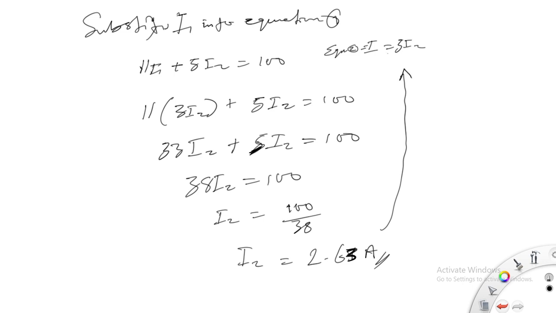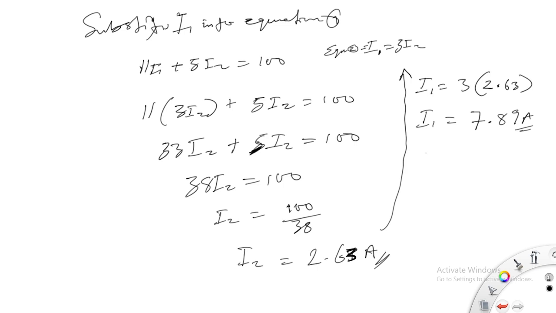Having obtained our I2, we'll now plug it back into equation 2. We've got I2, we're now looking for I1. So I1 is equal to 3 times I2, which is 2.63. I1 is equal to 7.89 amps.